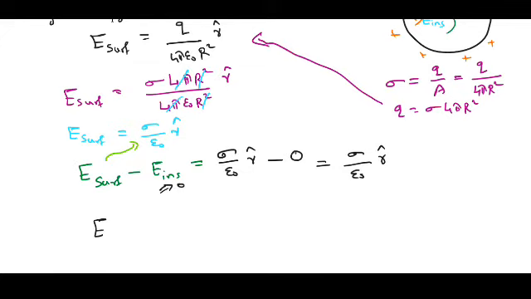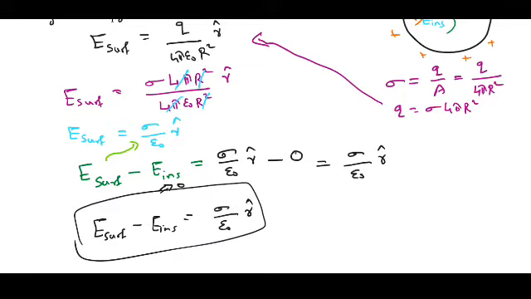E surface minus E inside is equal to sigma divided by epsilon 0 r cap. See, we have really proved that the perpendicular component of the electric field is always discontinuous at the boundary. That we have proved in the case of this surface charged spherical shell.